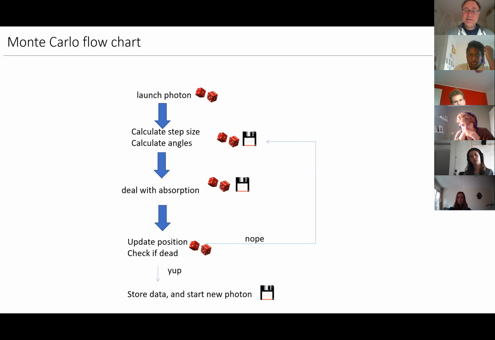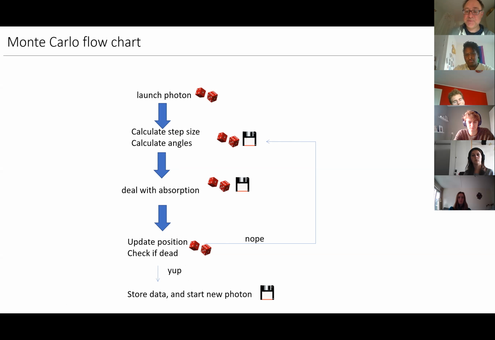Then you propagate it again, you update its position, you update its angles, check if that is something that I'll get back to in a moment. But let's assume it is not absorbed or not detected, so then it is still in the tissue. So then you go back in the loop to the point where you calculate a new step size and a new set of angles, etc. You keep doing that until either the photon is absorbed or it actually reaches one of your detection criteria.